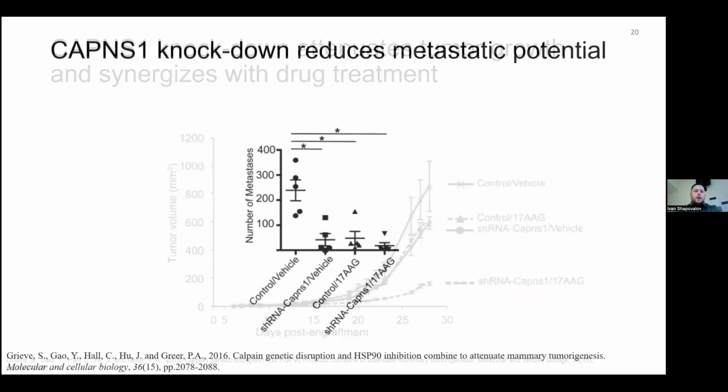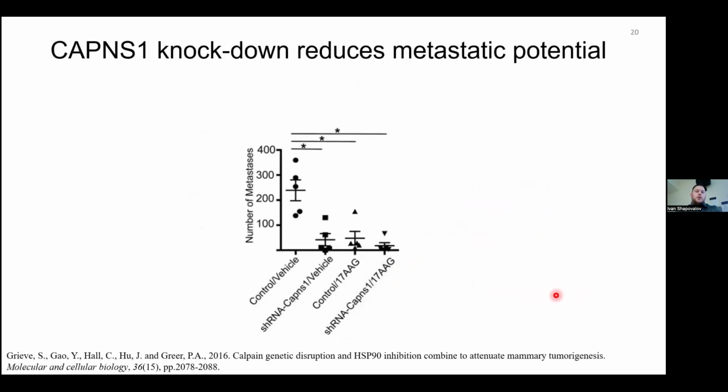And most importantly for my study here, Stacy has also shown that knocking down Calpain S1 not only reduces the tumor growth rate, but also significantly reduces the metastasis in that model compared to the control. And that too can be to some extent emphasized with a chemotherapeutic treatment.